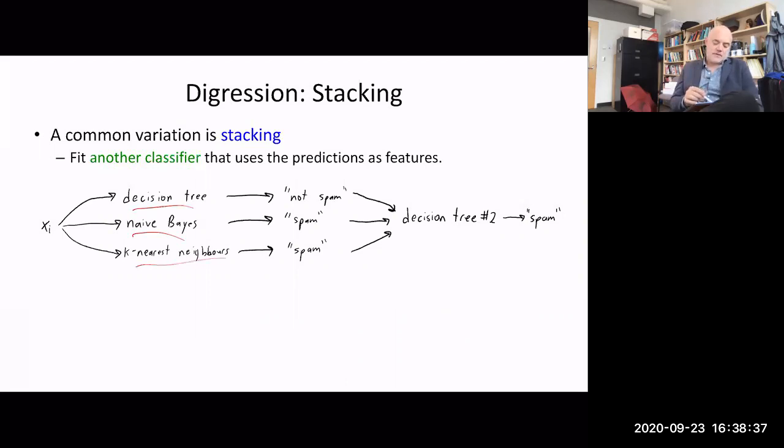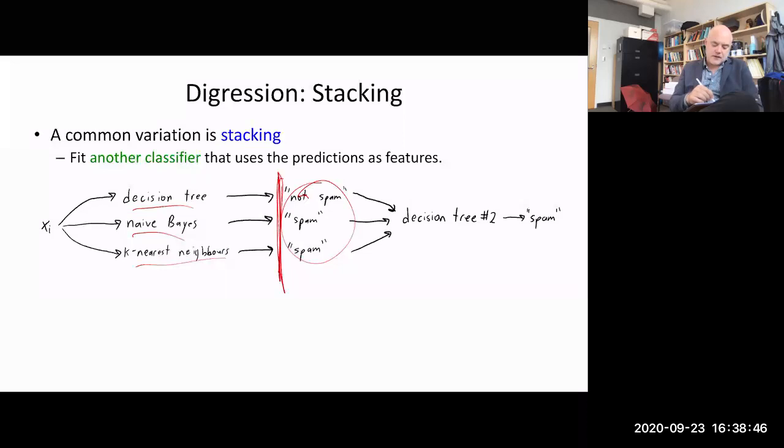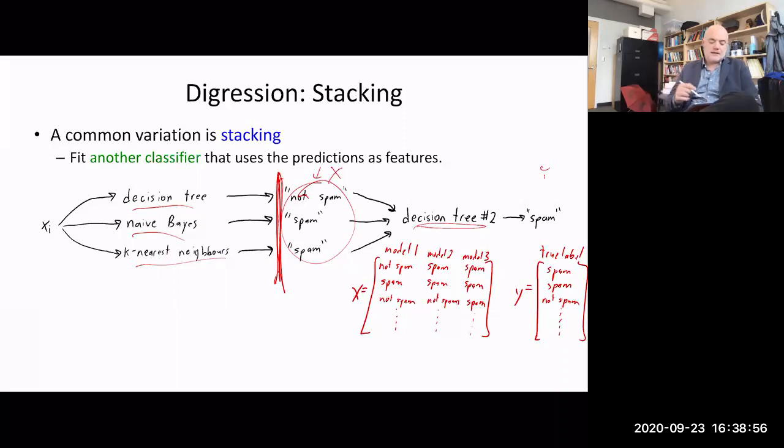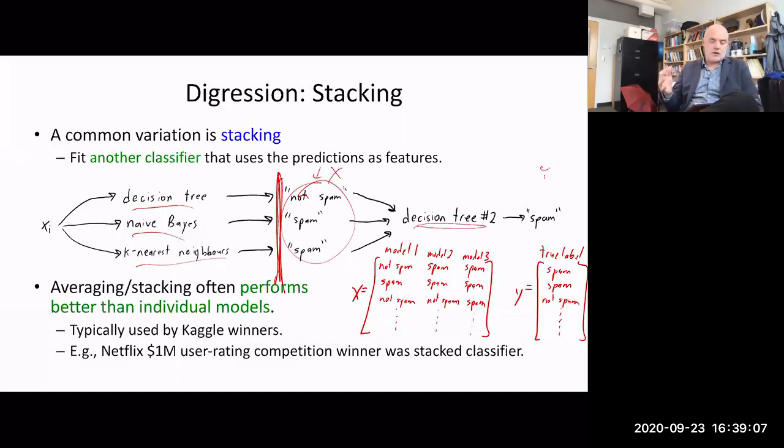You run these through, and then you train another classifier, starting from their outputs as your data, to predict spam or not, right? So there's another decision tree at depth 2, so on and so forth, that gets data, which are the labels of all of the items provided by the different classifiers, and the true label, and tries to learn how to combine them.